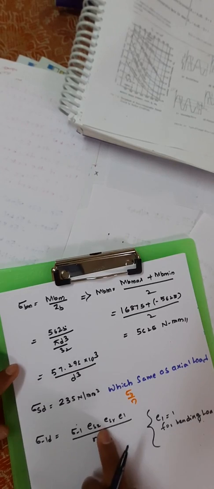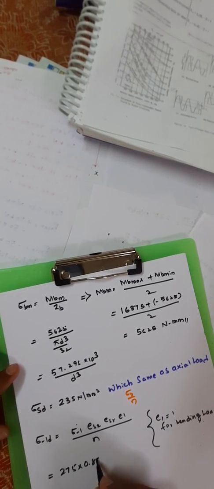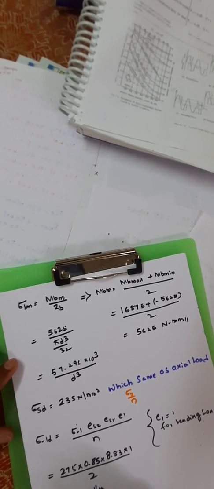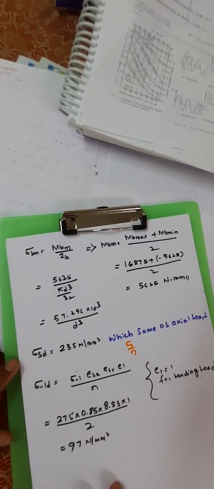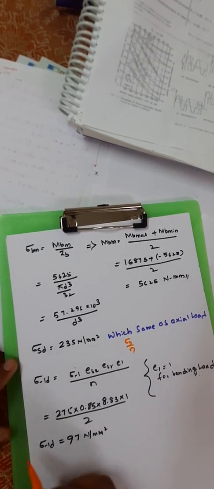If we substitute this value into this equation, the endurance limit given in the problem is 275 into 0.85 into correction factor same as that of axial load, that is 0.83 into 1, divided by 2. If you simplify this, we'll get 97 Newton per mm square. This is the sigma minus 1d, with respect to equation number 1.